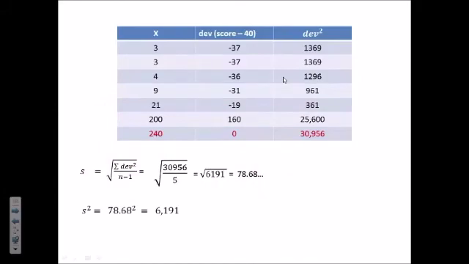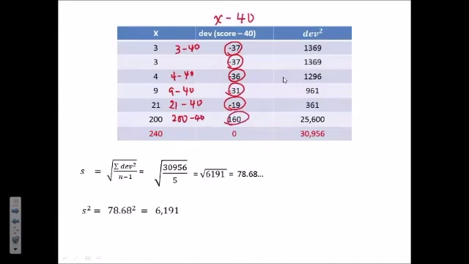Now to get the standard deviation and the variance, we would have to take score minus the mean, which is 40, so x minus 40. So 3 minus 40, negative 37. 3 minus 40 again, negative 37. 4 minus 40, negative 36. 9 minus 40, negative 31. 21 minus 40, negative 19. 200 minus 40, 160.